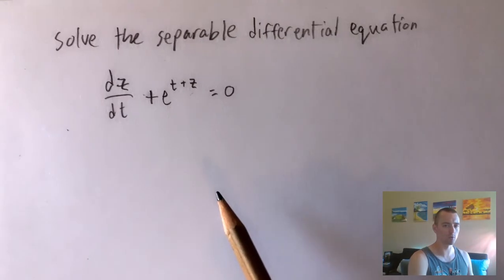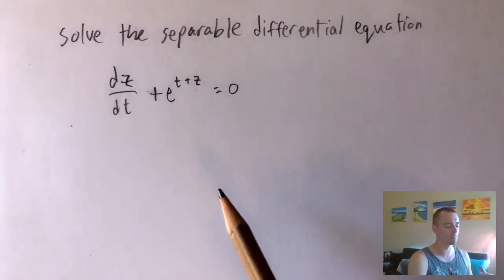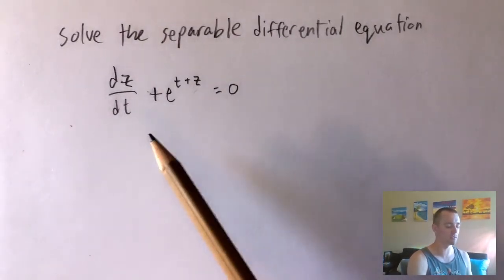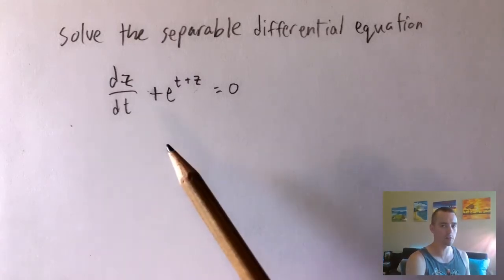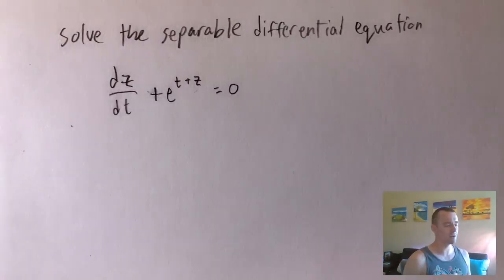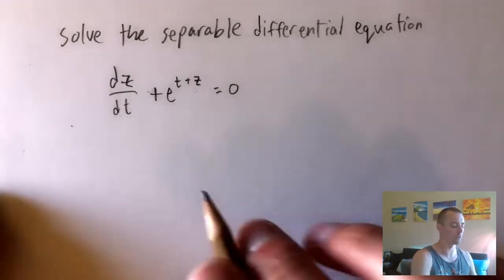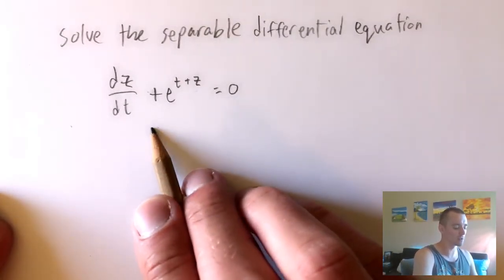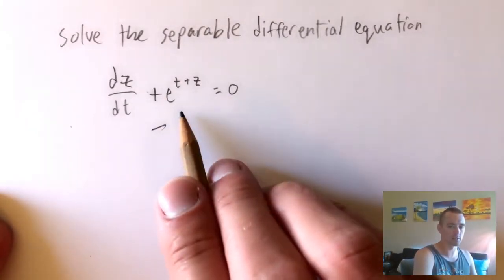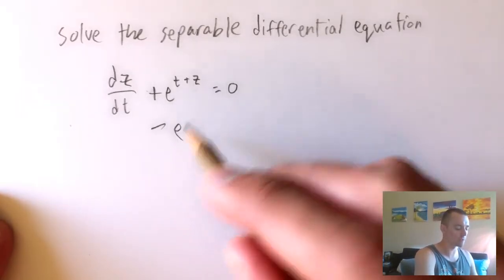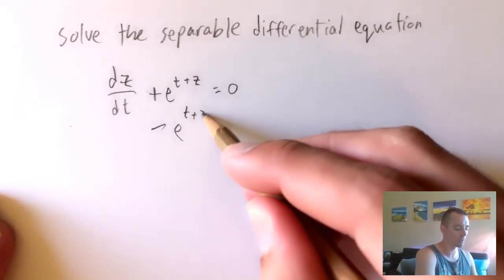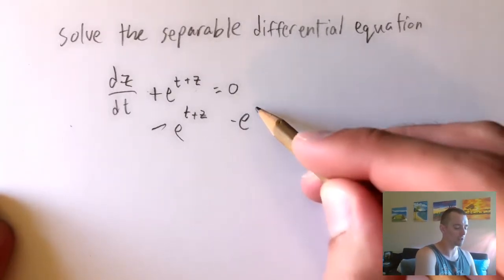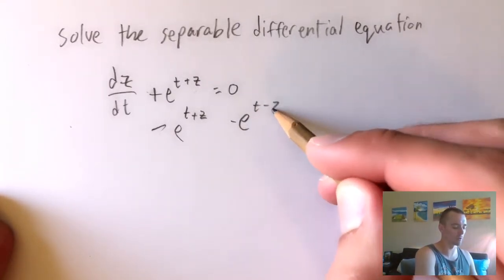This is kind of a weird one because everything, our dz, dt, t, and z, is on the left side of our equation. There's nothing on the right side. As a result, this problem is going to start a little differently compared to a lot of other separable differential equation problems. First of all, we want to move this e to the t plus z over to the other side by simply subtracting it from both sides.